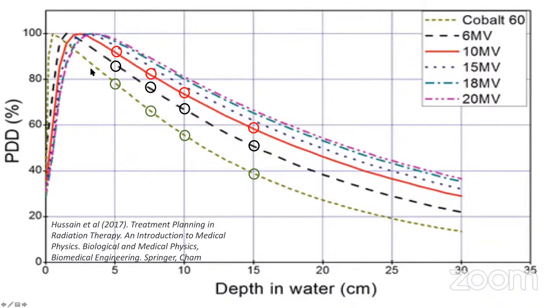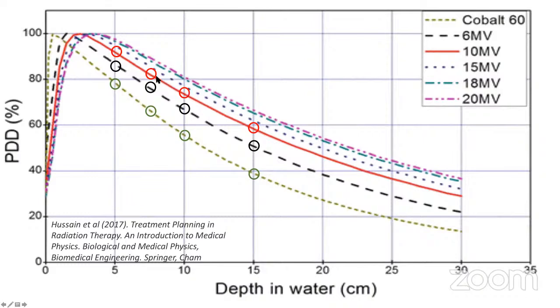So the trend in general is, see, the surface dose is not 100%. For a cobalt, the Dmax is at 0.5 centimeter. For 6 MV, it is around 1.5. And as the energy goes up, it increases further. After that, there's a gradual attenuation, and you can see that the percentage depth dose becomes less and less.